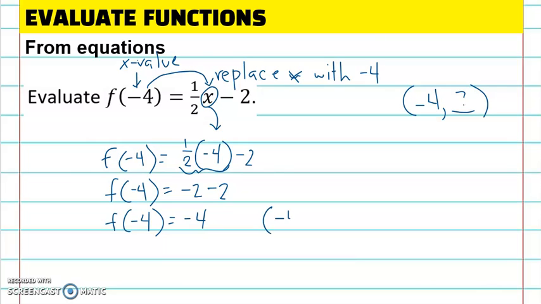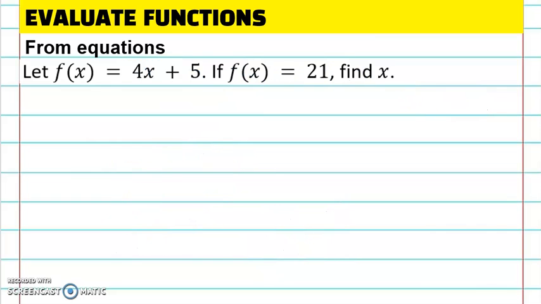So my ordered pair completed now is (-4, -4), which just means when x is -4, y is -4. So if it gives us what's inside, swap out the x's. That's what I want you to do.